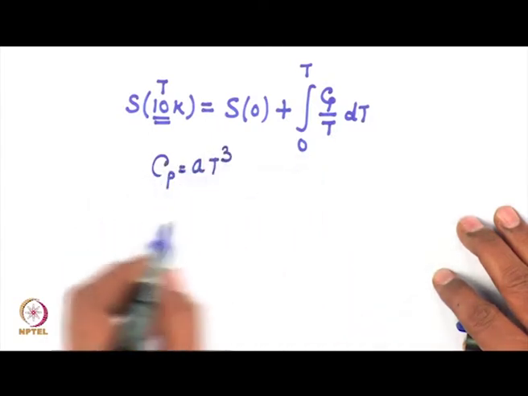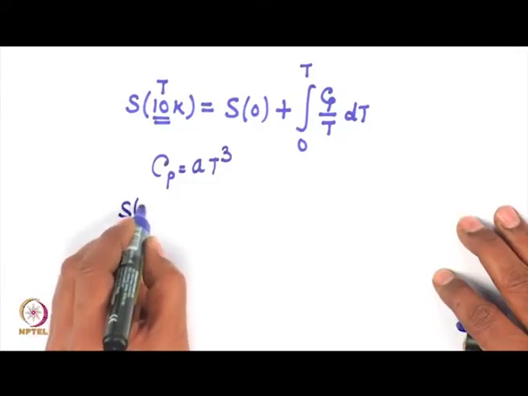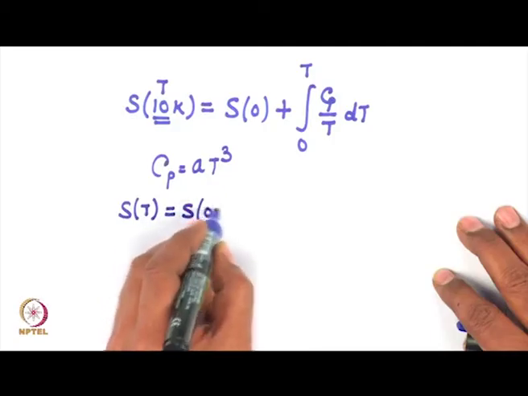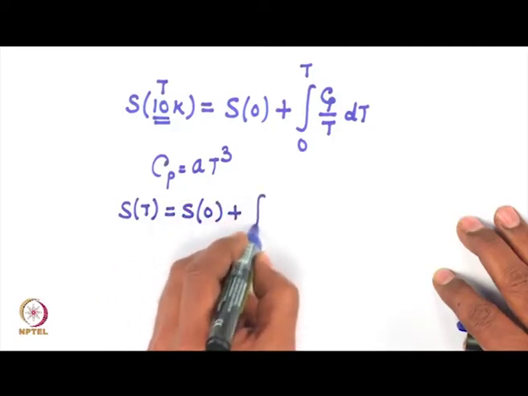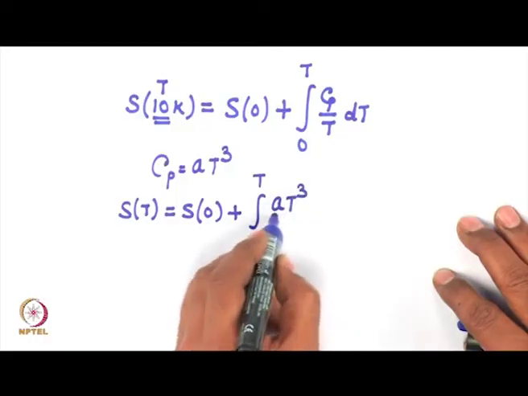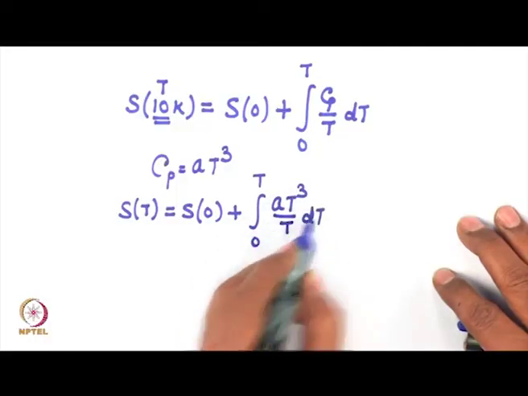Now, let me substitute over here. So, S at very low temperature will be equal to S at 0 plus the integral from 0 to T of A T cube by T dT.